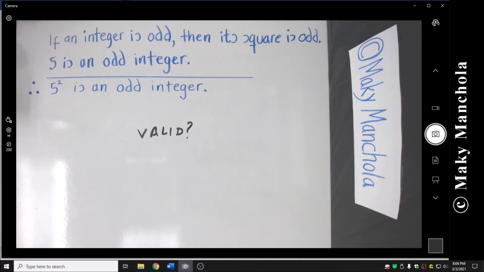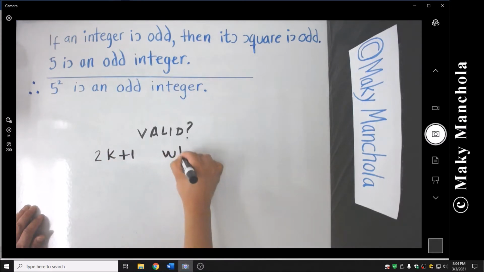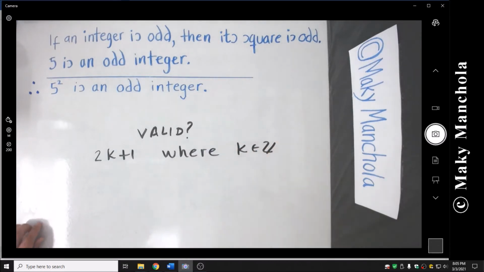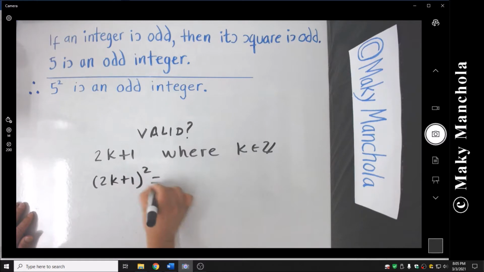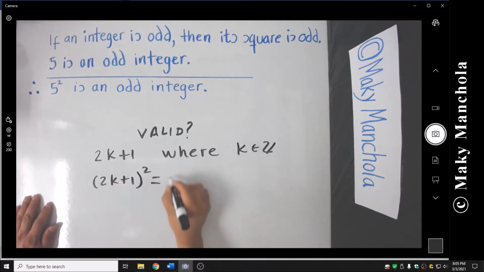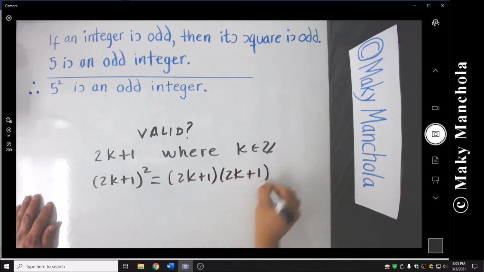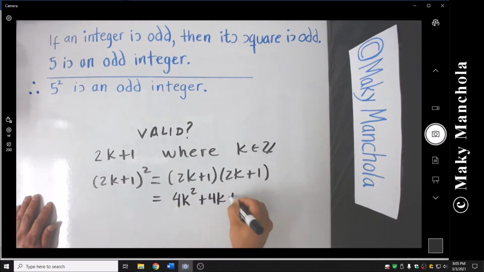Observe that if we have an odd integer 2k plus 1, where k itself is an integer, then its square, 2k plus 1 squared, equals 2k plus 1 times 2k plus 1, which results in 4k squared plus 4k plus 1.